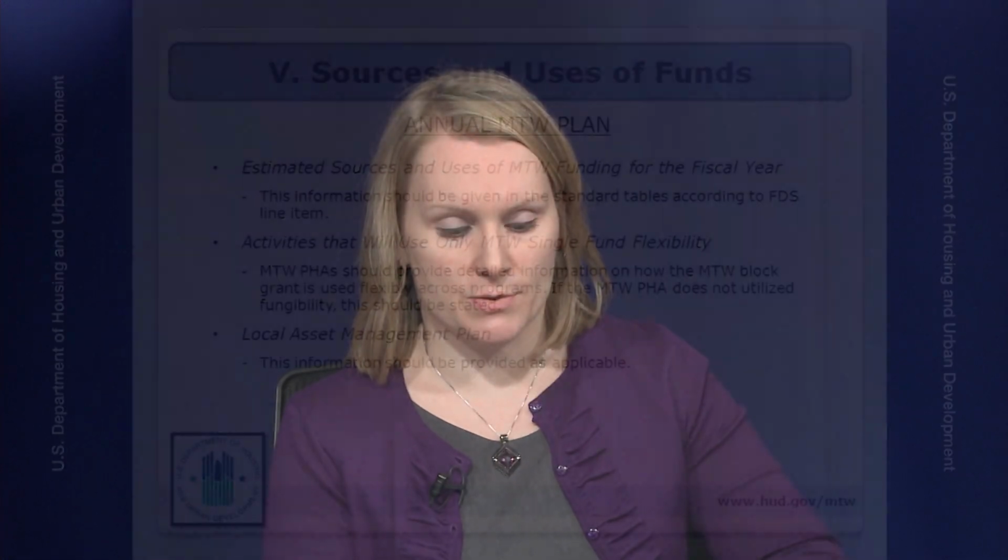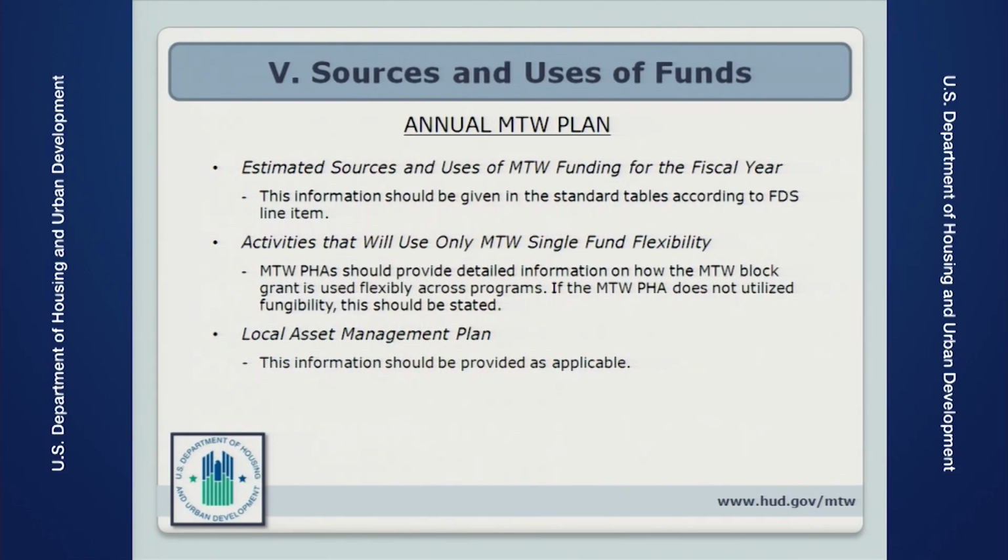So regarding the sources and uses of MTW funds specifically, the new table is all FDS line items, and the reason that we have formulated the table in that way is to enable comparison to the agency's year-end FDS submission. So for example, if you look at the first line of the sources portion of the table, total tenant revenue equates to FDS line item 70500. And you'll see in parentheses next to this line that 70500 is calculated by summing two other line items.